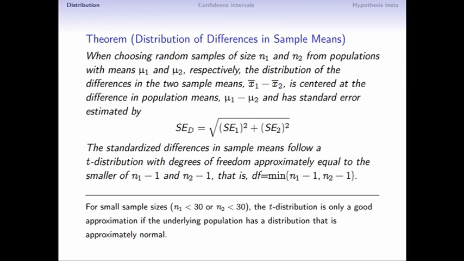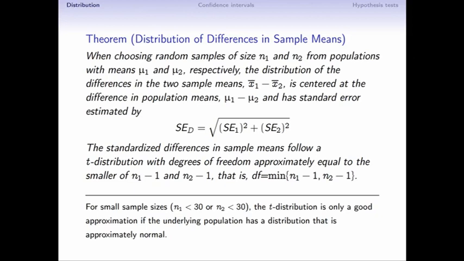And so the difference between them, x1 bar minus x2 bar, is itself changing from sample to sample. So we have to think of x1 bar minus x2 bar as following a distribution of possible values. And what this theorem is trying to tell us is, what kind of shape would that underlying distribution, or set of dots, have? So let's read the theorem with that in mind.